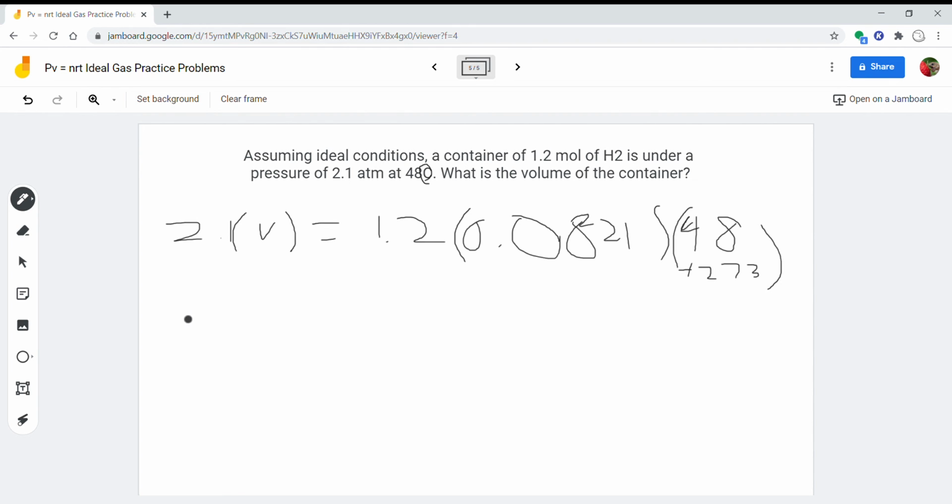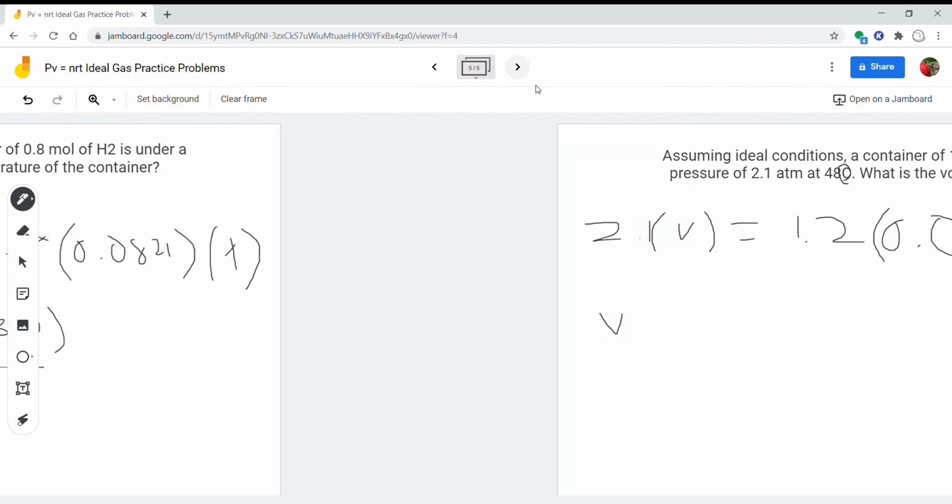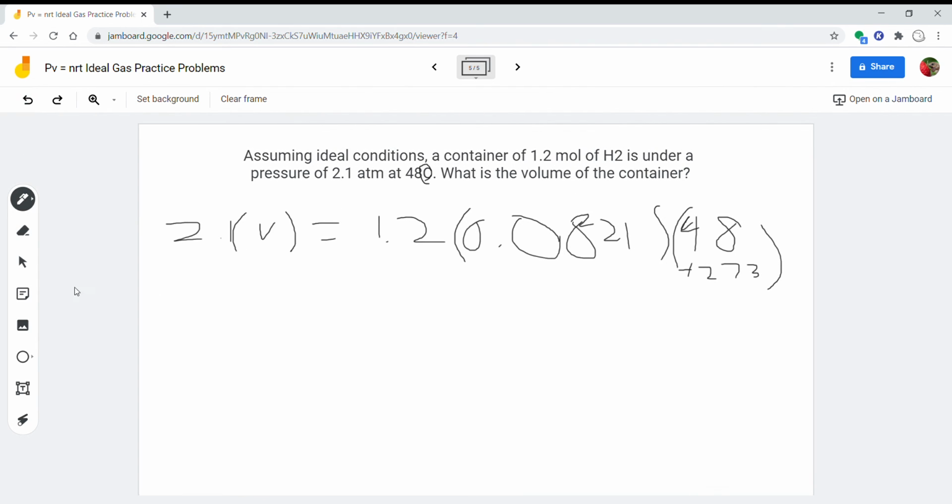Now, simply solve for V, so we just divide both sides by 2.1. And so we can basically just ignore these two. So now we solve for volume, and we plug this into the calculator.